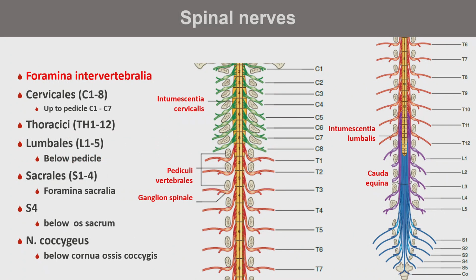Important is, I have said that spinal nerves emerge from the spinal canal at the level of an intervertebral foramen. And now we have to count them, because can you imagine that you are a neurosurgeon, you have to perform surgery and you have to see where it is.